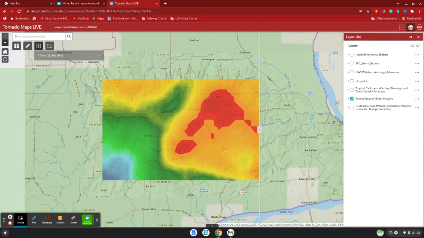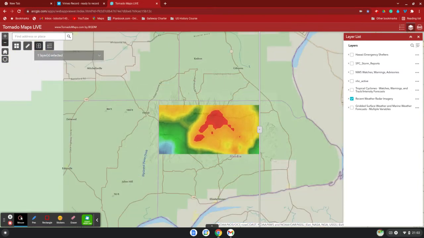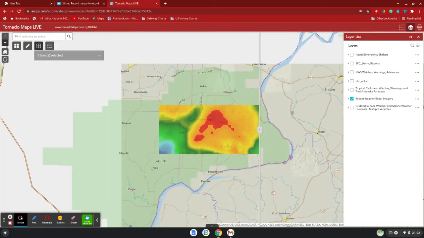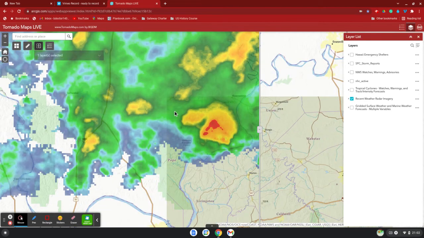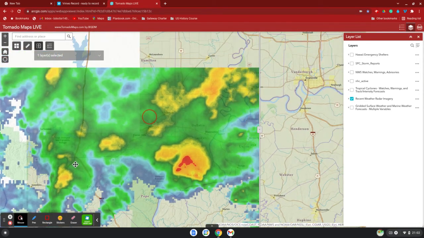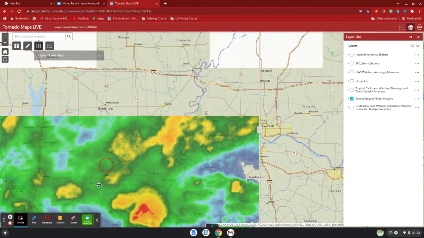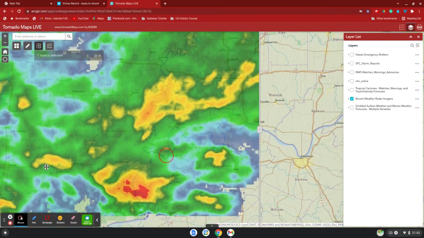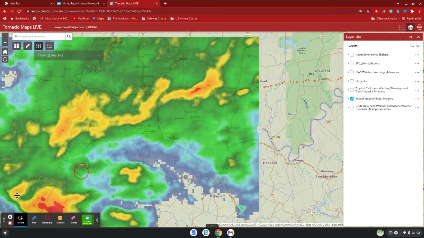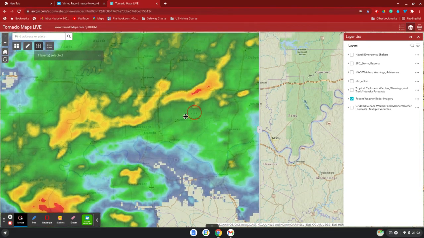And so, let me go back. More than likely, that system is now just passing, and it has moved on. So let's try to find a regular celled storm. Okay, all right, here's a good one.